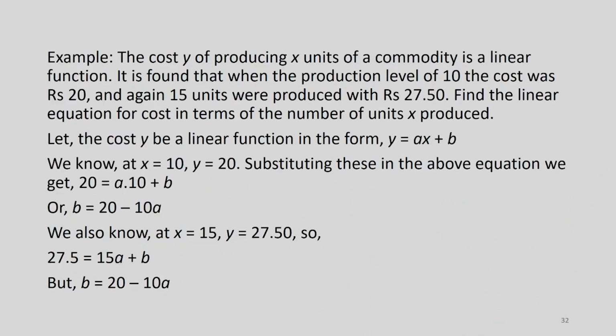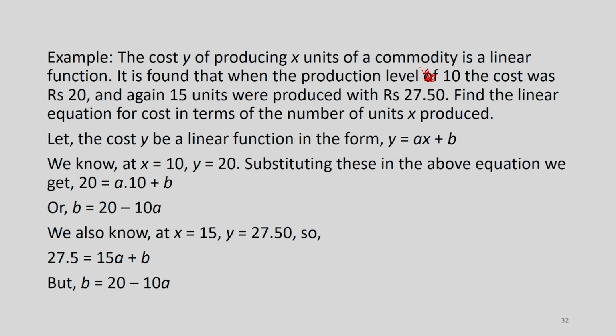Okay, now we take an example. The cost y of producing x units of a commodity is a linear function. It is found that when the production level is 10, the cost was 20 rupees, and again 15 units were produced with the cost of 27.50 rupees.